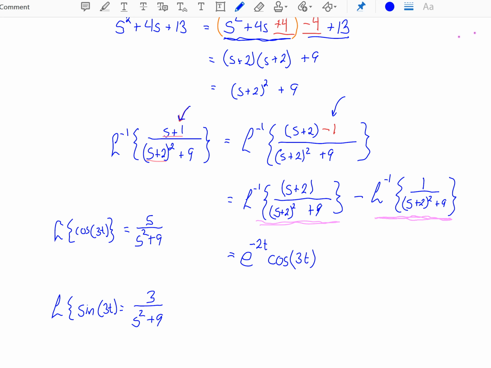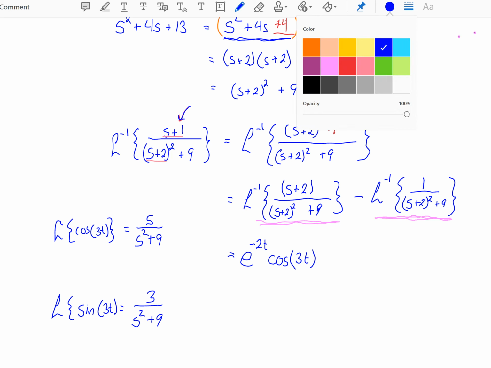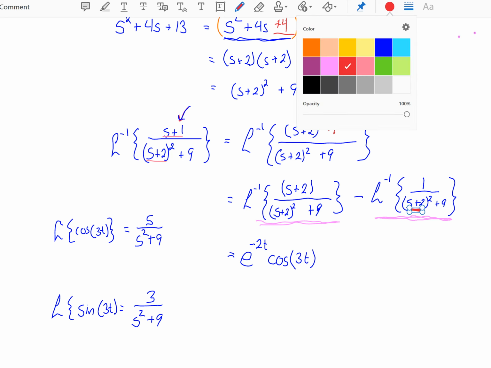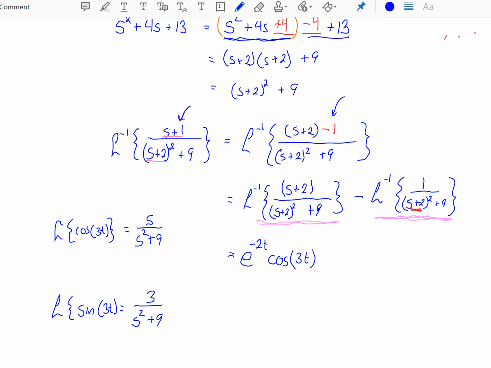And technically we have that exponential shift factor there again, the s plus 2. This s plus 2 creates our exponential shift. But the problem I'm noticing is that for a sine function, we need to have a 3 in top, and we have a 1 in top.